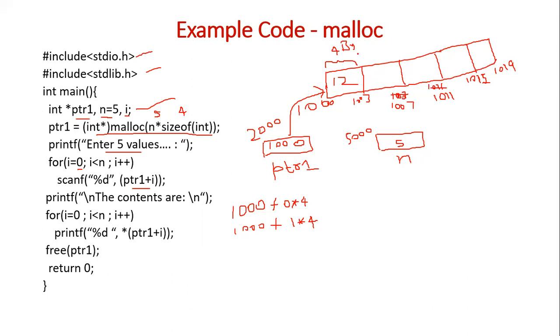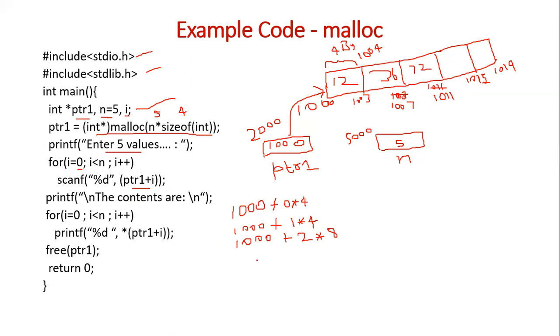So the second location starts at 1004 and it ends at 1007. So whatever the value you give for the second input, say 36, it will come here. Then the third, when i is 2, it will be 1000 plus 2 into 4, which is nothing but 1008. So the third input will come here, say 72.